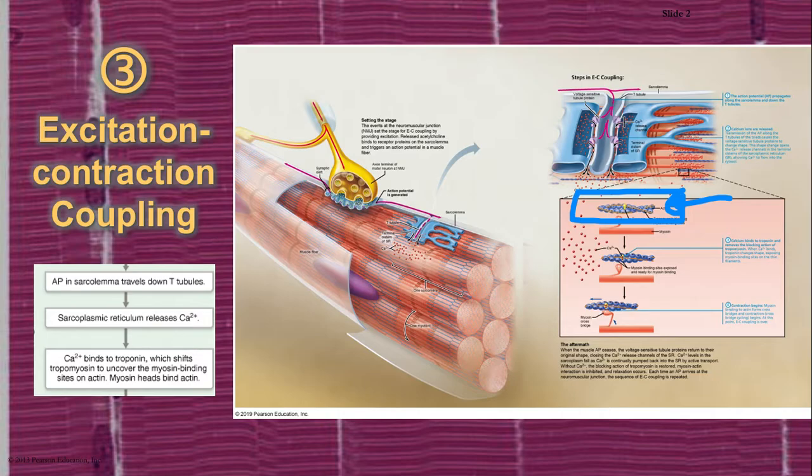Troponin changes shape. Okay, that change in shape moves tropomyosin.